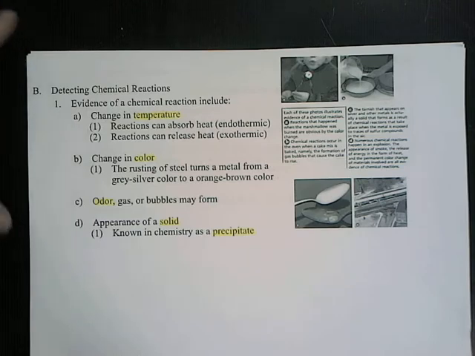So we start out here with how can we determine the chemical reaction has taken place? Well, we have some key indicators, and a chemical reaction is usually going to have one or more of the following: a change in temperature, a change in color, an odor emitted or a gas that's given off, or the appearance of a solid.